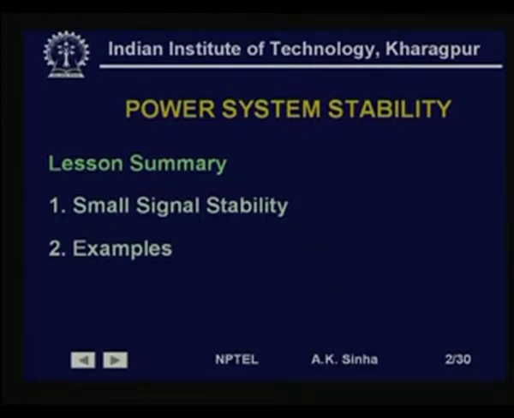So, we will start this lesson with the problem of small signal stability and how to analyze small signal stability for a single machine infinite bus system. We will take up some examples to illustrate how we do this.